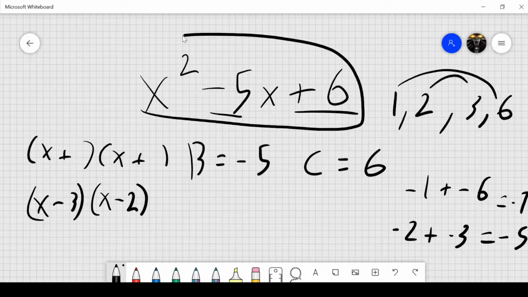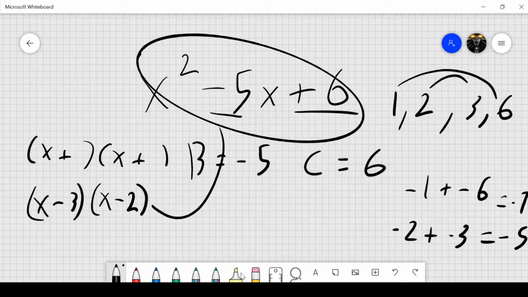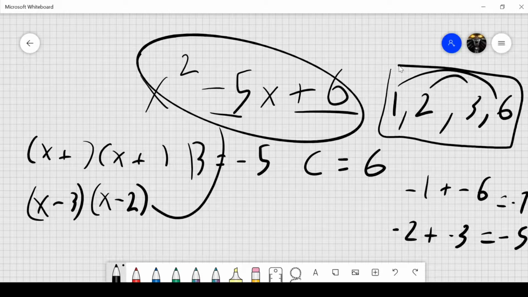Going from this to this is going to take some time, and I highly encourage you to make lists like the factors, not because you need to, but because you need to until you get the experience.